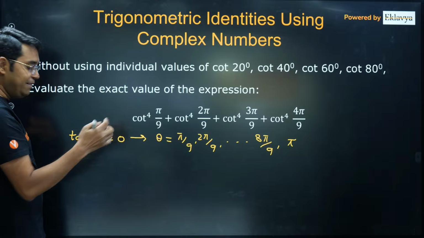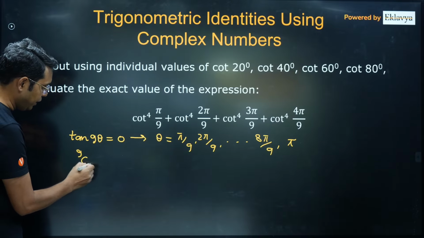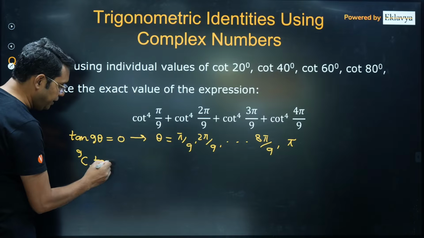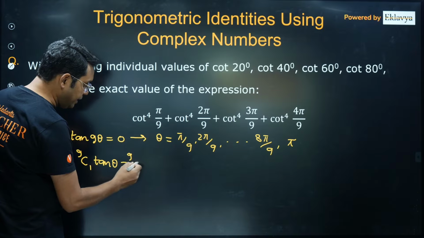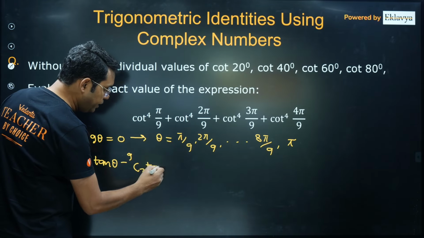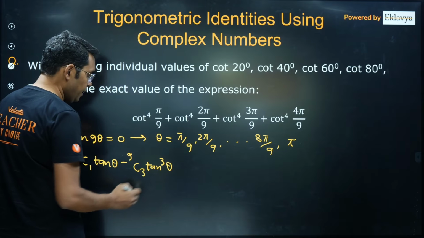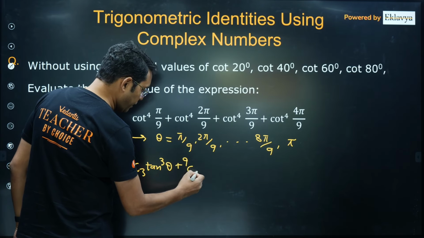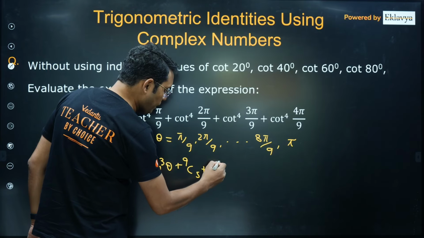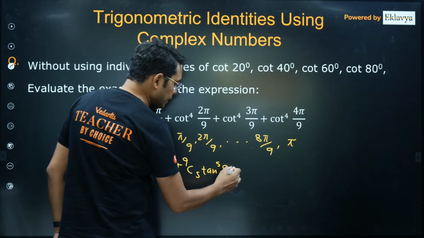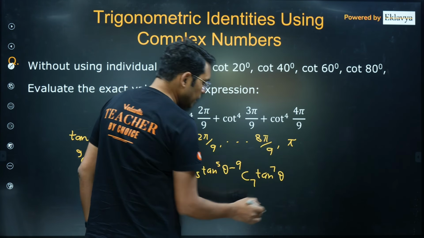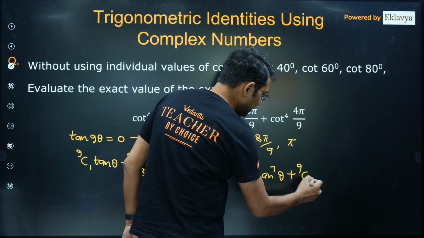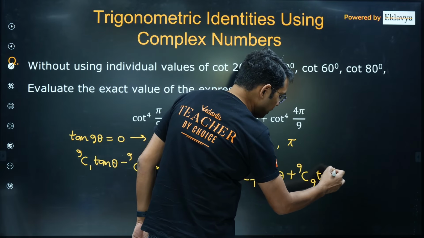So tan 9 theta means it will be 9c1 tan theta. Only odd powers are coming in the numerator, so 9c3 tan cube theta, plus 9c5 tan raised to the power 5 theta, then 9c7 tan raised to the power 7 theta, and plus 9c9 tan raised to the power 9 theta.